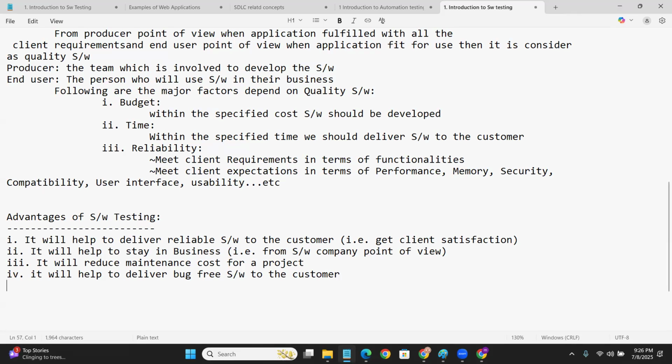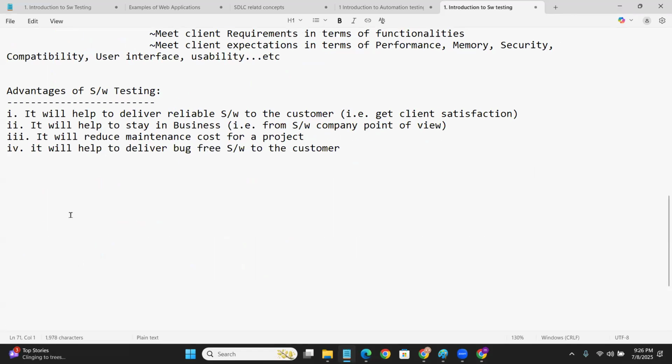So these are the advantages when you go for software testing. It will help to deliver reliable software to the customer. It will help to stay in business. It will reduce maintenance cost for a project. It will help to deliver bug-free software to the customer. That's the advantages. Now, what is that bug?